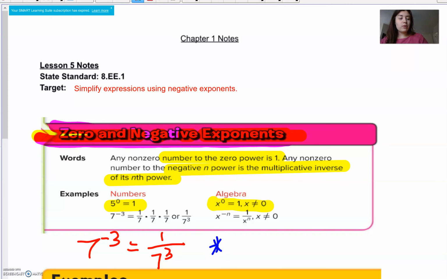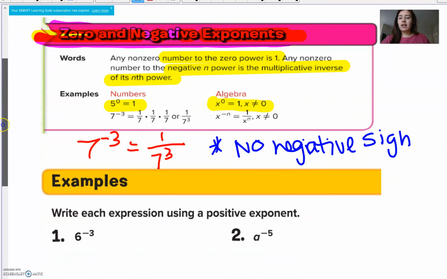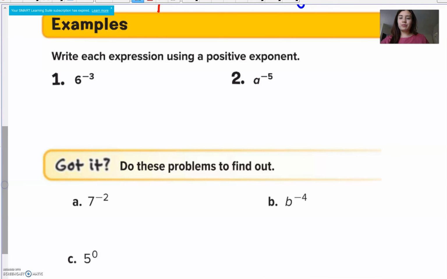So you just have to remember that 7 to the third goes to the bottom, and there is no negative sign once it moves. So watch out for that.